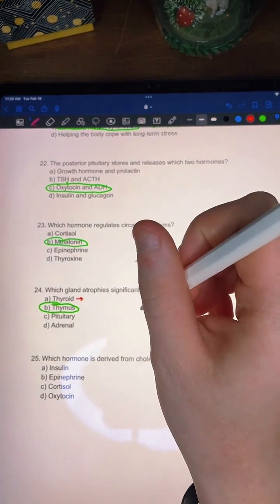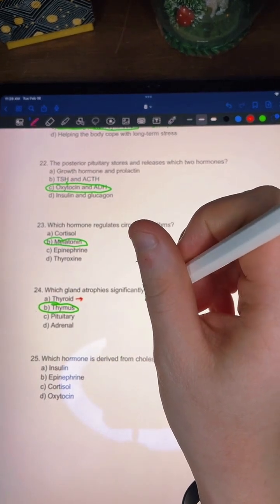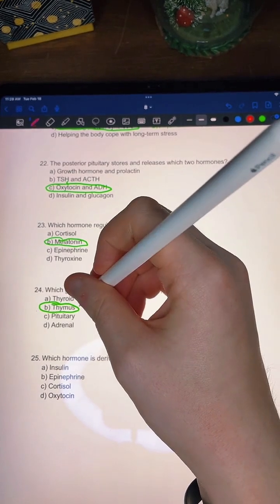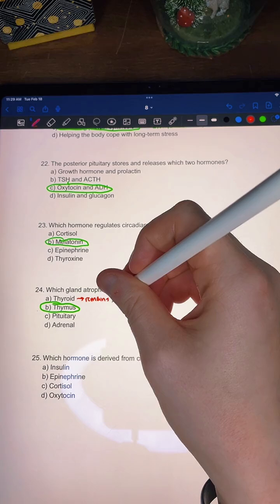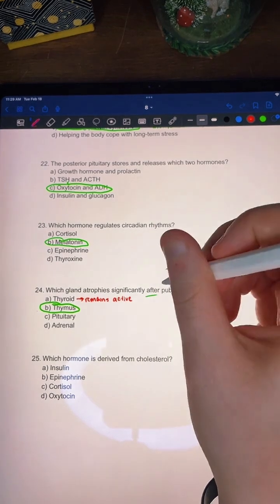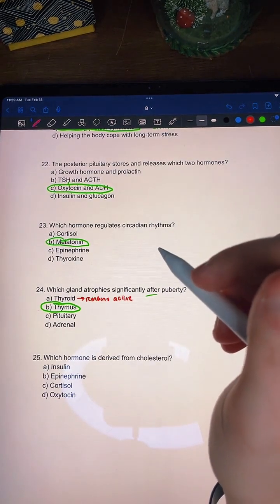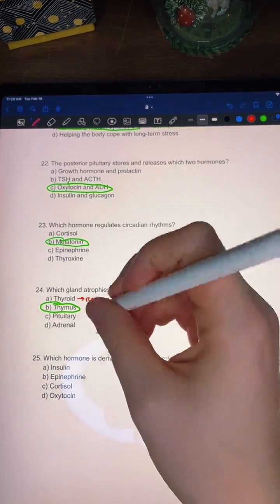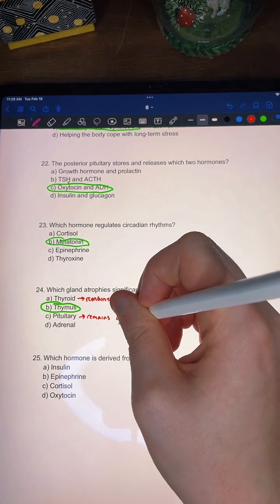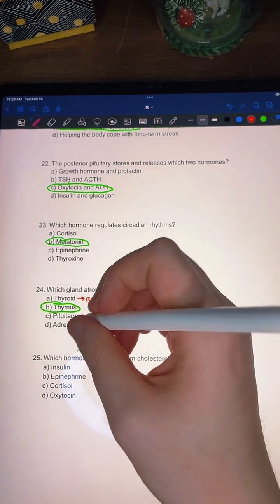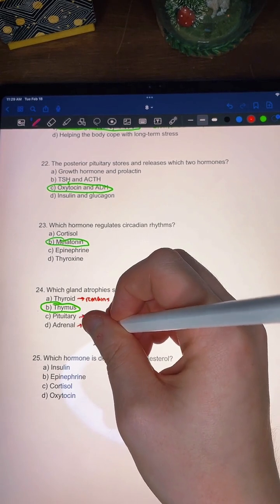The thyroid gland remains pretty active throughout life. The pituitary gland always continues to produce, so this one remains active. And the adrenal gland typically remains active.